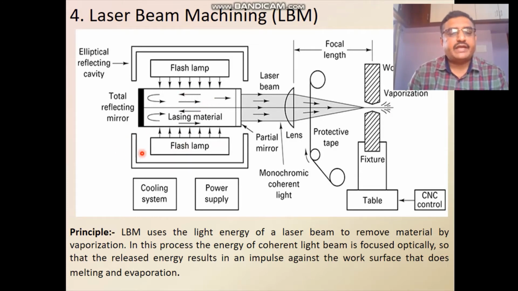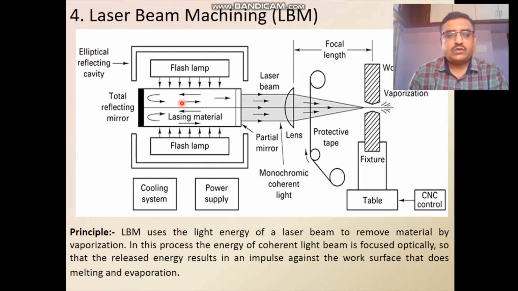When we supply the power to this flash lamp, it flashes and light falls on this ruby crystal. When light falls on it, photons or electrons get excited and they move inside this ruby crystal, and they are reflected from the reflecting surface.